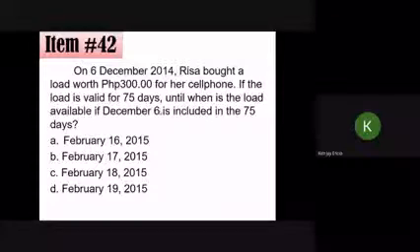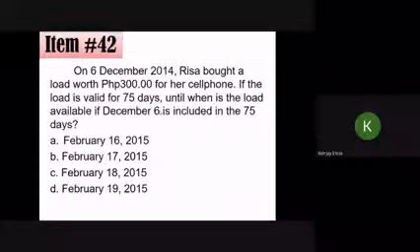Now, the thing is, how many days are there in December? December has 31. January has 31. February has 28 in a non-leap year, in a usual year, but in a leap year, there's 29. But since 2015 is not a leap year, there should be 28 only for February.